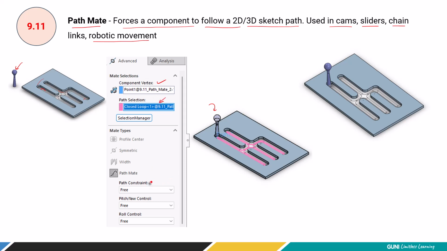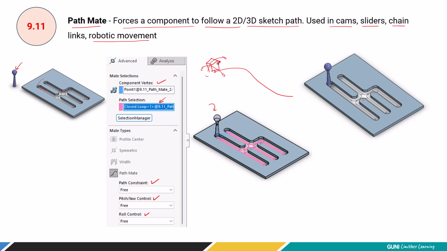After that, we have to give the path constraint, pitch and yaw control, and roll control. Now what exactly is this? Let's say I have a part like this and I have a cube like this. Because here the part is connected to the path by a point, it may roll like this or it may move forward and backward.